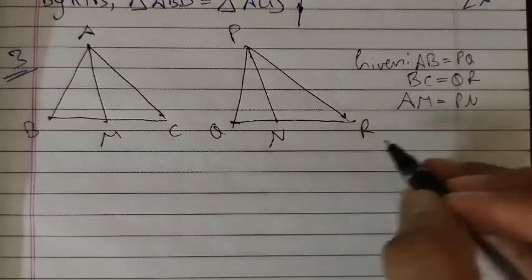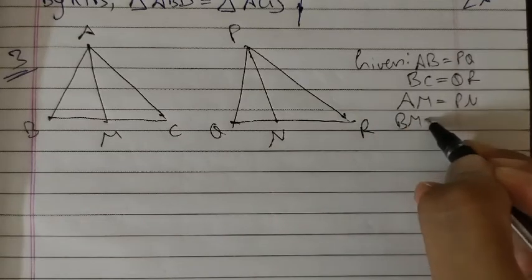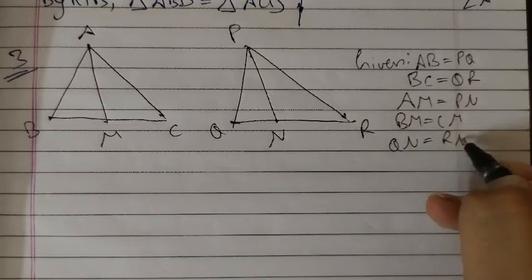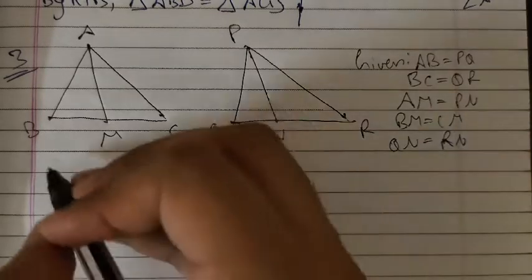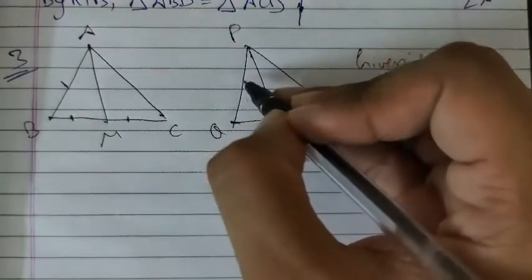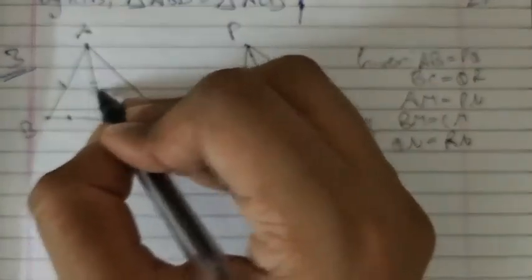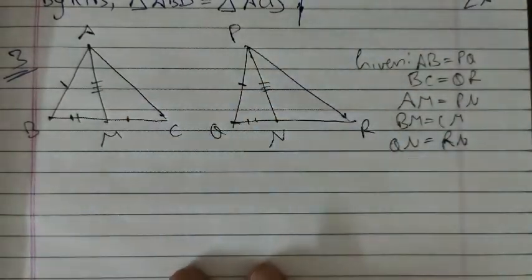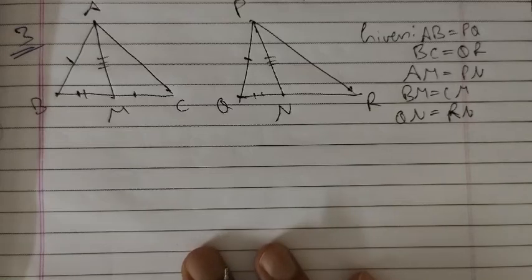Also AM is a median, so this implies BM is equal to CM and QN is equal to RN. Median means it divides the opposite side into two equal parts. This part is equal to this part, and this part is equal to this part, right? So this we have shown.